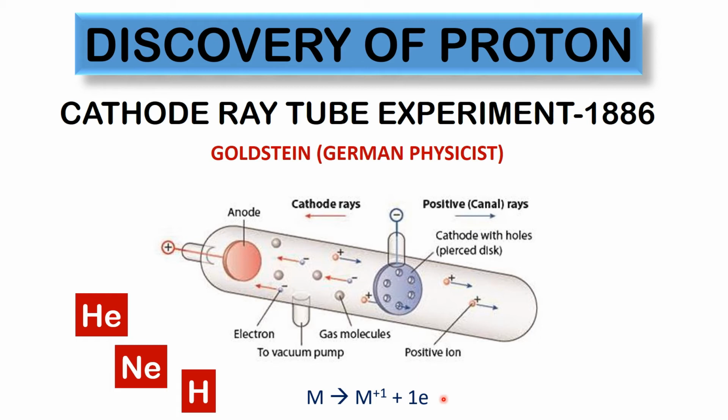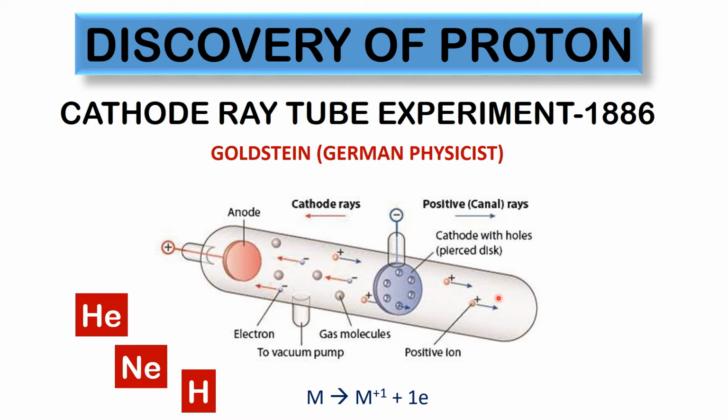Now, this cathode, which is connected to the negative terminal of the battery, will attract the positive ions towards itself, and the cathode is perforated. So this cathode has holes inside it through which these positive ions can penetrate and strike the wall of the discharge tube.